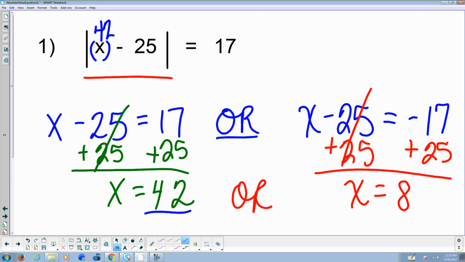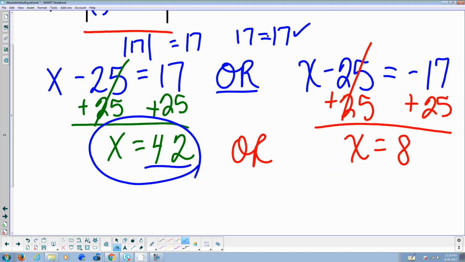All right, so if we check this, we know that 42 minus 25 is 17, and the absolute value of 17 is 17. If that creates a true equation, then we will say that that answer choice is a true solution to this equation. We also have to check with the 8.